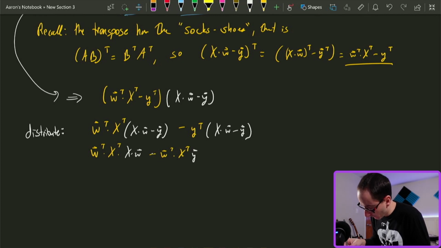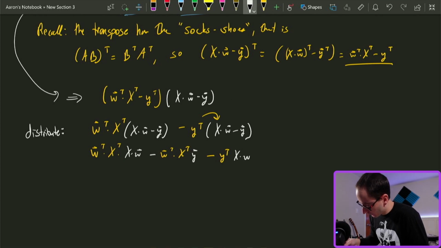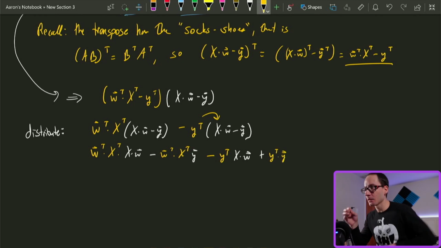The negative I already have actually right there. Then minus Y transpose, now distribute this. So Y transpose X dot W. Then we have a double negative here, so we'll go plus Y transpose times Y, vector Y. Very good. Awesome.